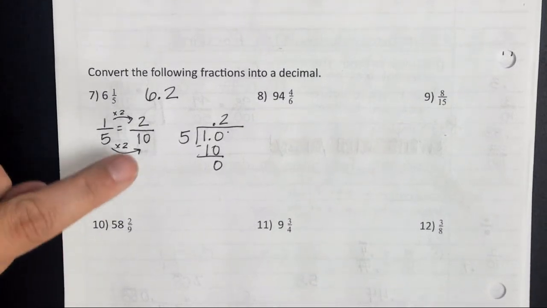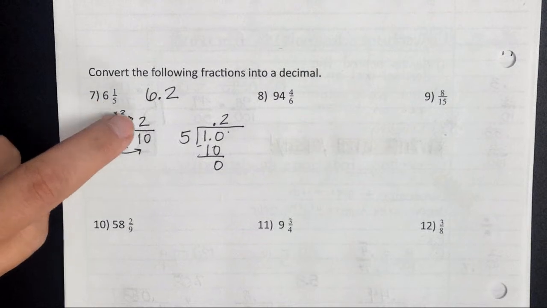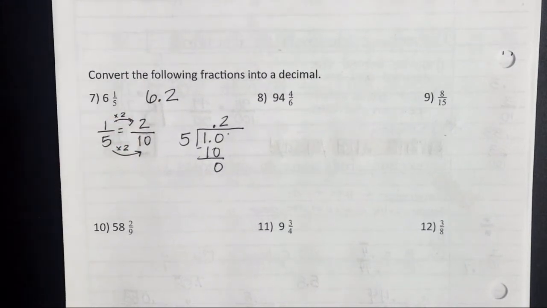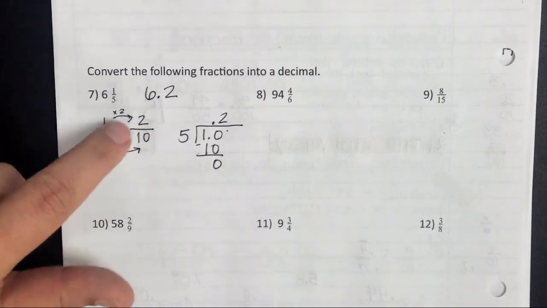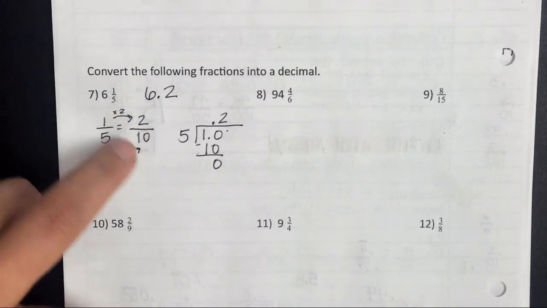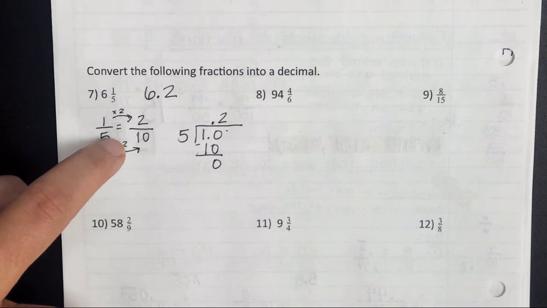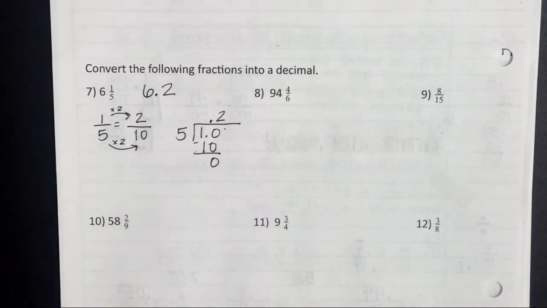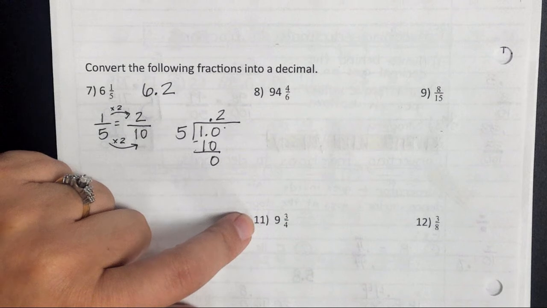So when you look at this, if I were to read this fraction, if I made it 6 and 2/10, it's the same as 6 and 2/10. Okay? But again, if you don't like having to figure this out, this will not work every time. Actually, this is the only time this will work. I take that back. You could do it for number 11.